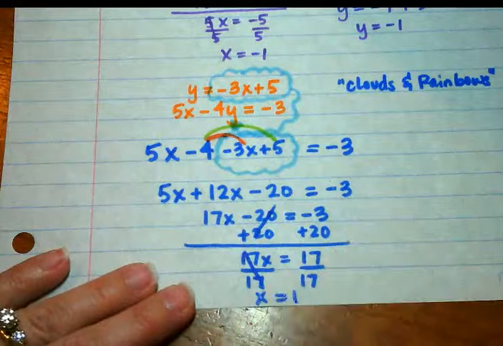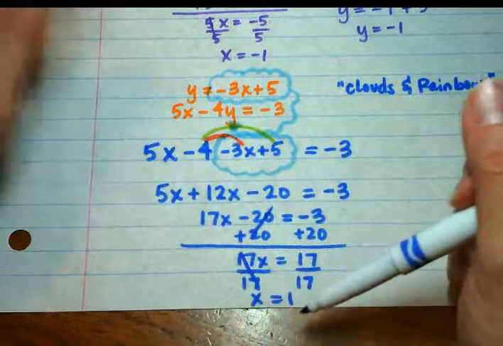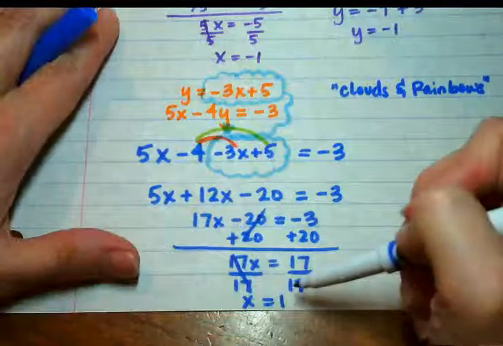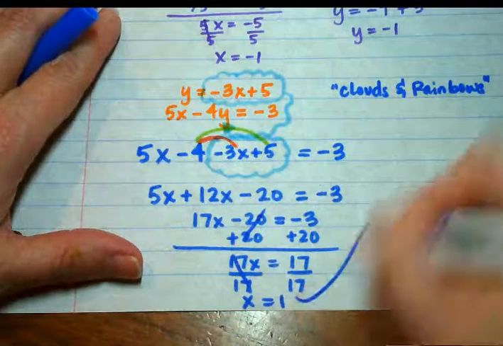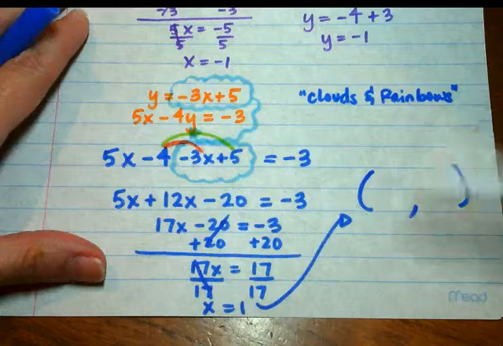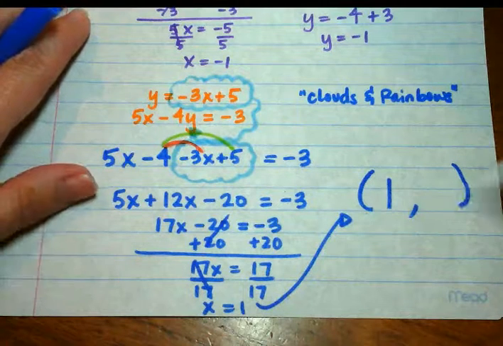X equals 1. If we were in class, I would ask you if we're done, and you're going to answer no, because we know that these two lines meet at a point, and we only got an answer for one of the coordinates. We know that x is 1, so I'm going to put 1 in the x spot. Now we need to figure out the y spot.